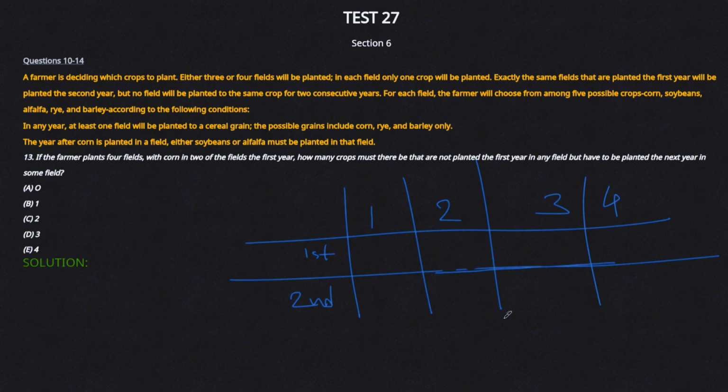In these sort of situations, I like to prove that the same types of crops can be planted both years. You don't really need multiple different types of crops because that way it keeps things easier, and it's a must question. So no matter which scenario you take, the answer will be the same. So let's just put corn in 2 of the fields first.